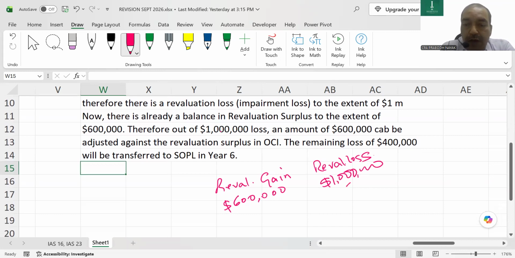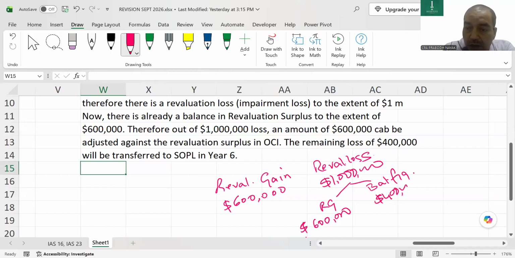So out of this $1 million, I will adjust the revaluation gain against it, I can adjust $600,000. Okay? तो बाकी का जो $400,000 है, ये बैलेंसिंग, तो ये कहां पर जाएगा? अभी तो रिवैल्यूएशन गेन खत्म हो गया, राइट? तो ये कहां जाएगा? SOPL. Now clear?